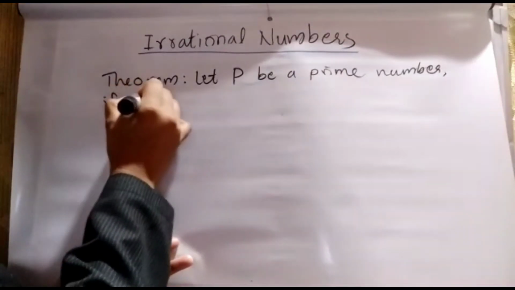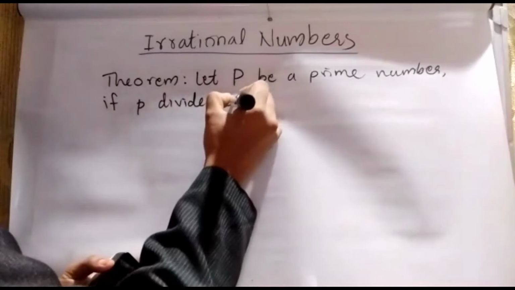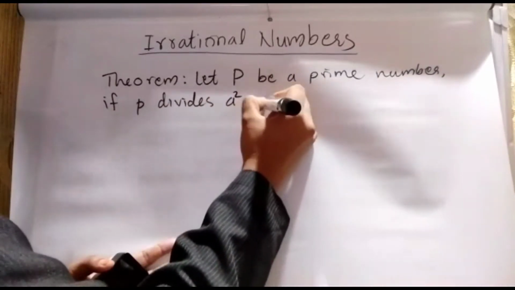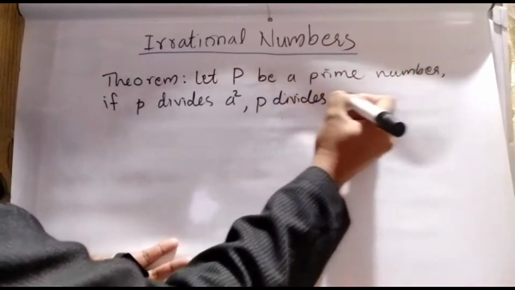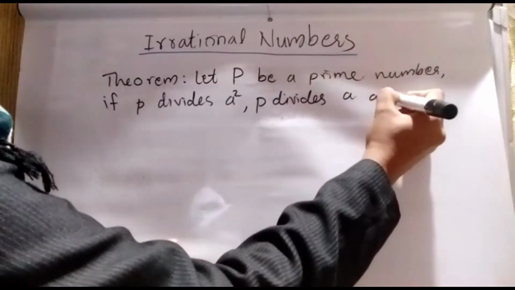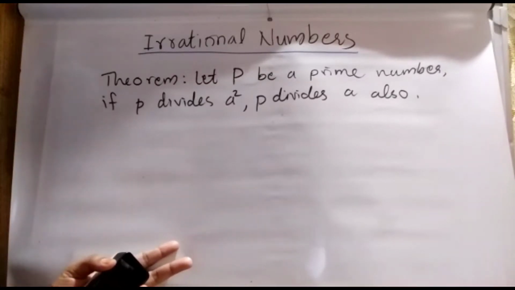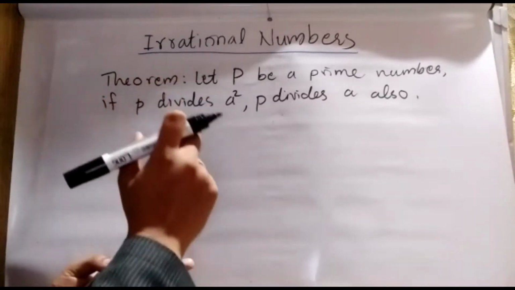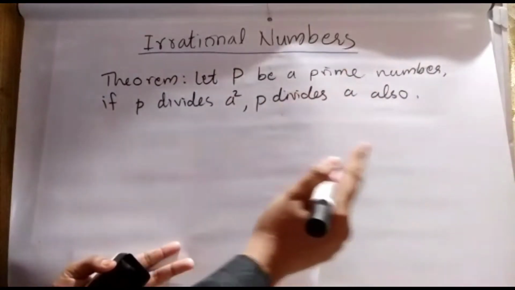If p divides a square, p divides a also. This is the theorem. Clear? p is a prime number. If p divides a square, p divides a also.